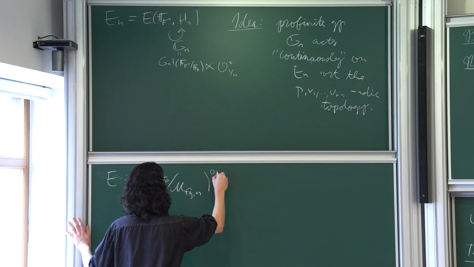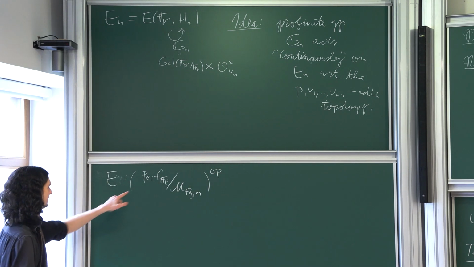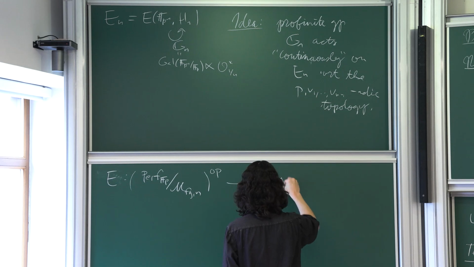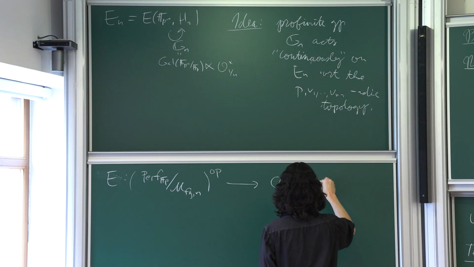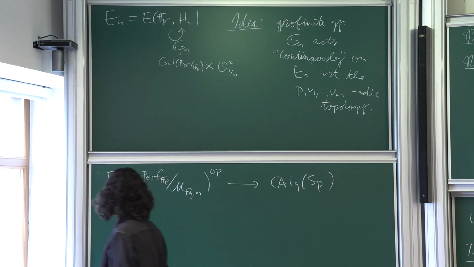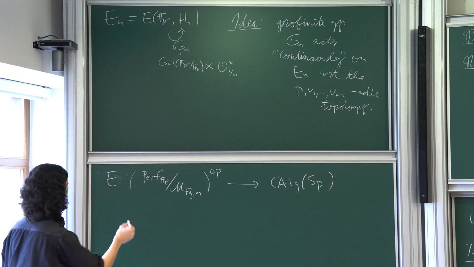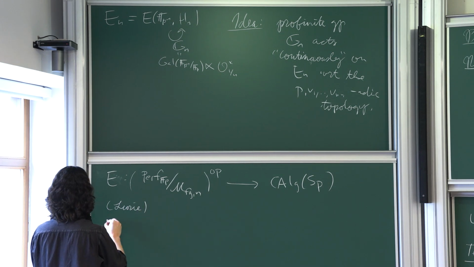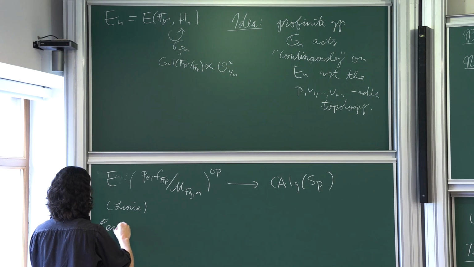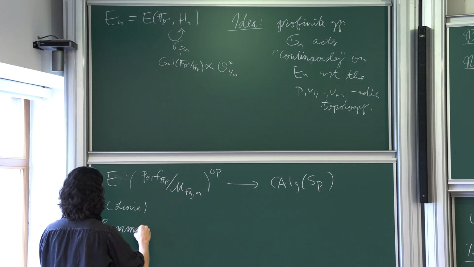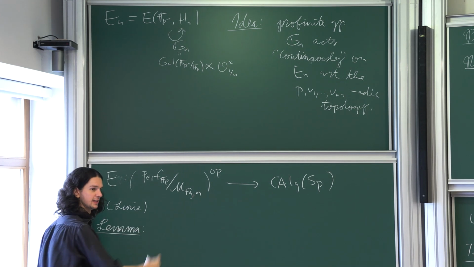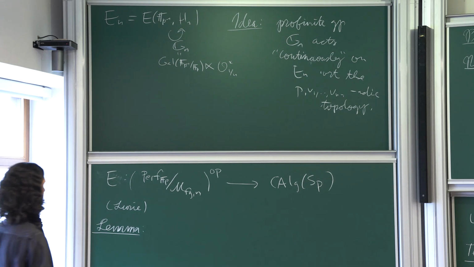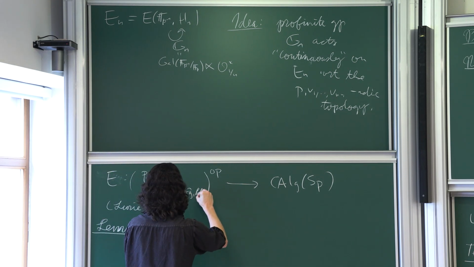And then for E-theory, since I passed from rings to schemes, I should take an op. And then I get a commutative ring spectrum out of it. So that's Lurie's construction. So there's a small lemma, if we fix the height. Yeah, height equals n.